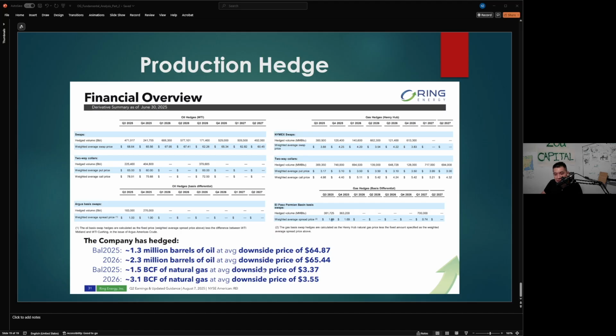Downside price simply means the lowest price they will receive. In other words, 55% of oil and 42% of natural gas will be sold for at least $64.87 a barrel and $3.37 per MCF, respectively. Hedging can help companies stabilize cash flow and reduce risk if the commodity price drops. Although it mitigates downside risk, it also puts a limit on the upside potential.